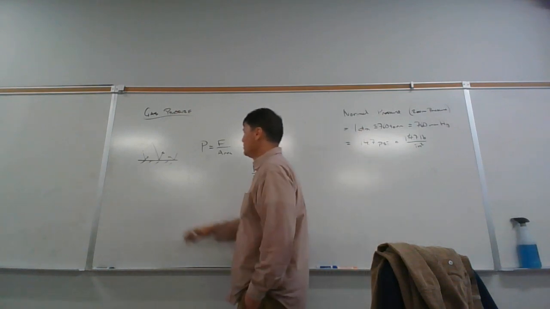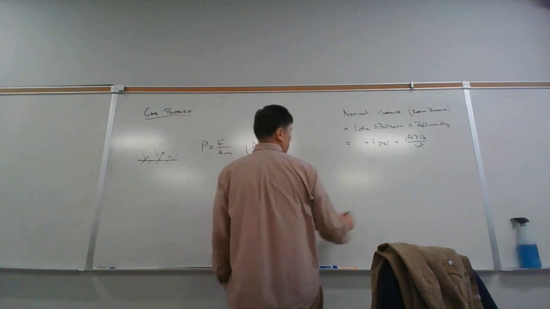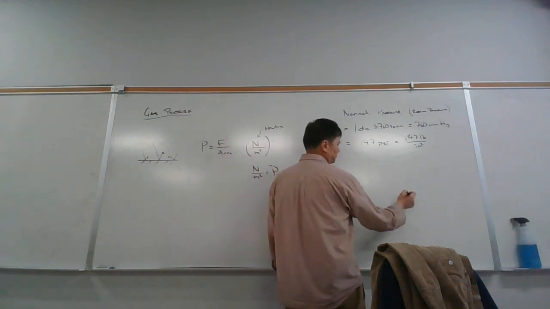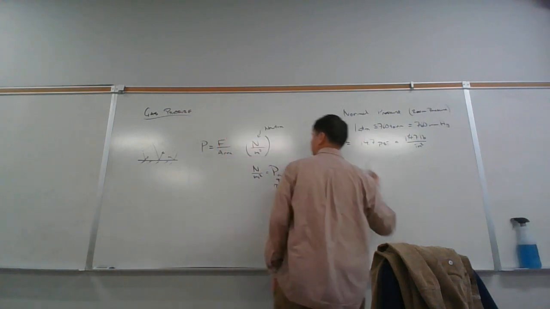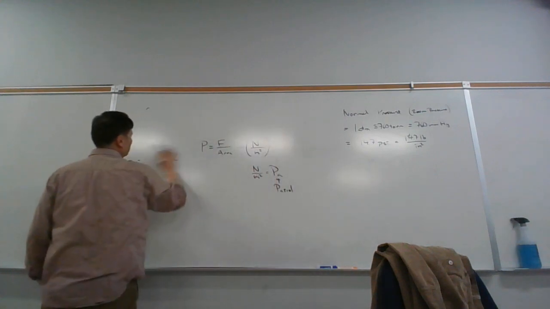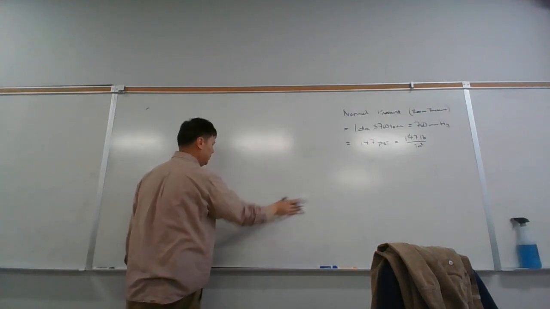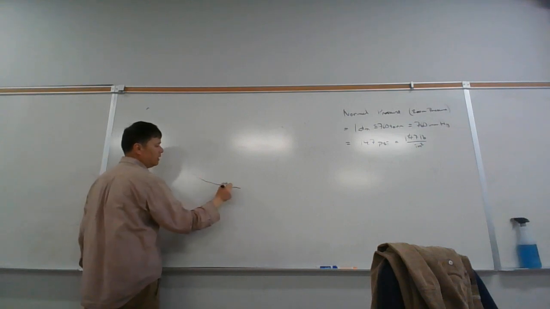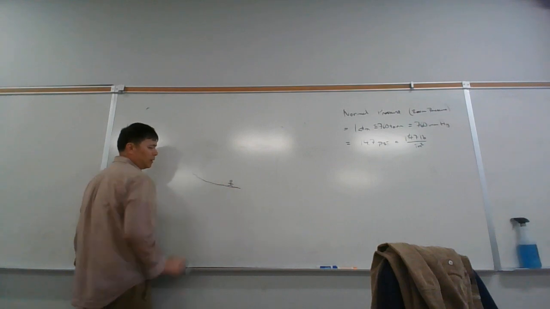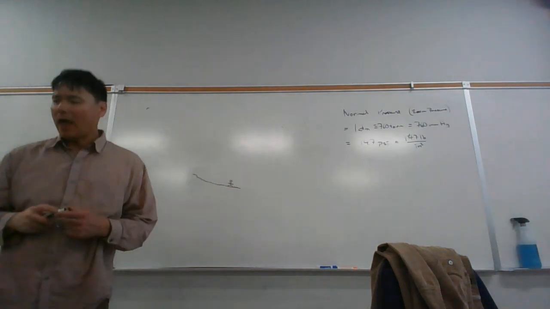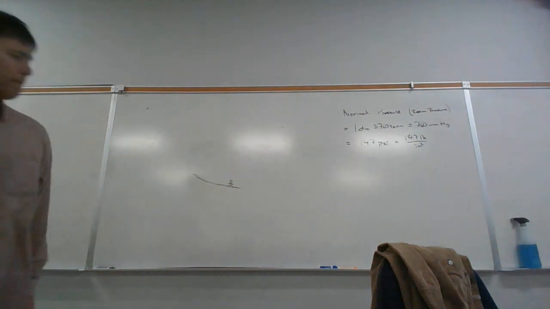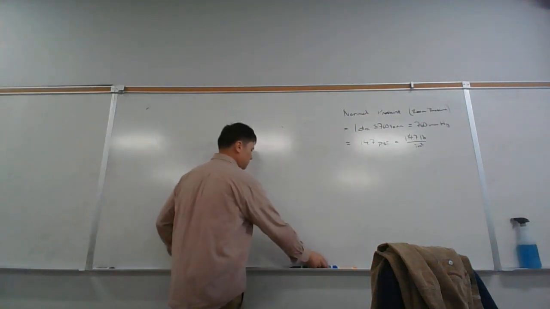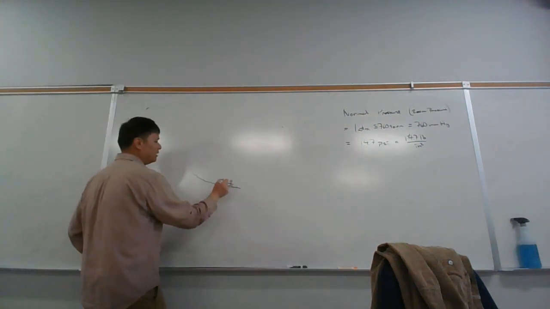And so another way of visualizing this is like this. Normal pressure would be at sea level. And what we have is we'd have a blanket of air on us.